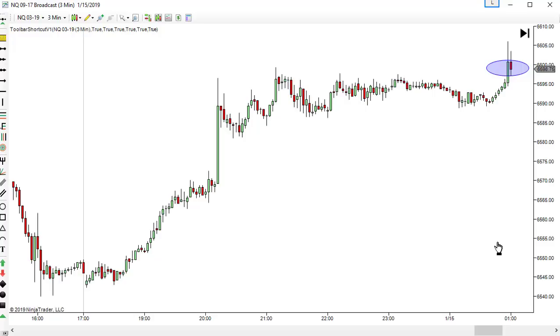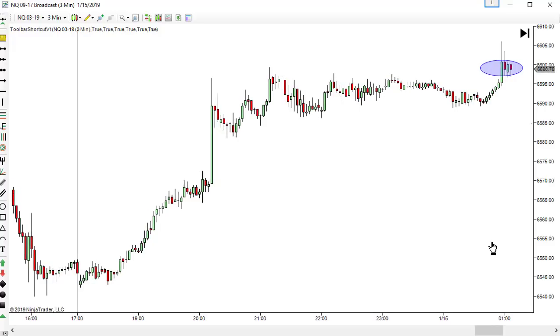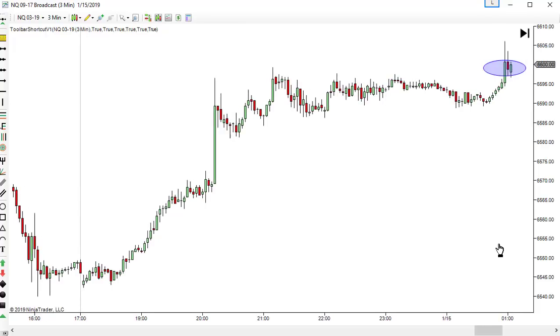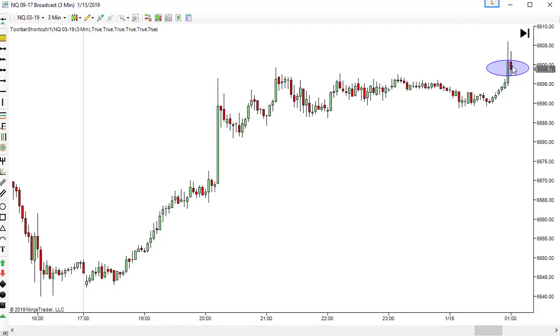Now, what the call room moderator is going to tell you, when this candle is here, let's say this first red candle, we're right in the middle of the candle. The call room moderator will say, okay, guys, we might have an S play here.